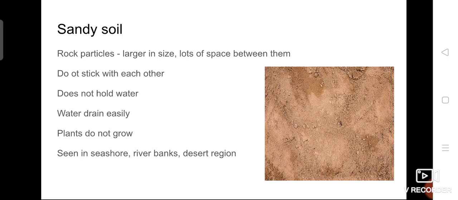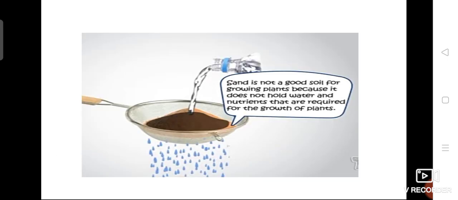See here, one filter was taken, and in that sandy soil has been taken. I told you that it cannot hold the water, so water has been poured on that, and it drains easily, so a large amount of water is coming out. Can you understand?